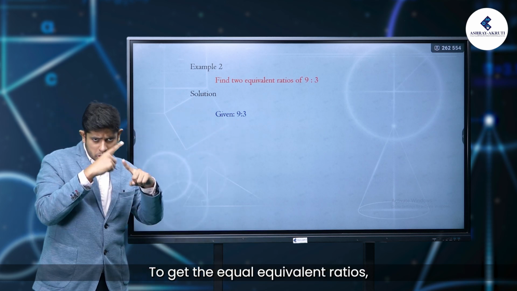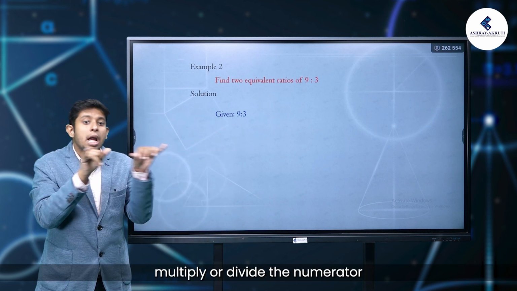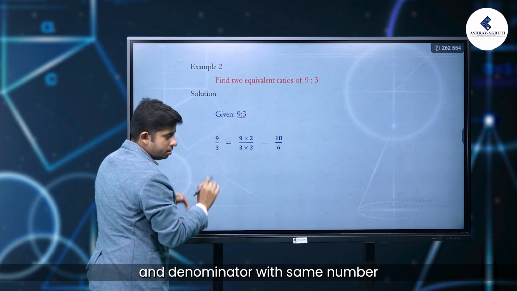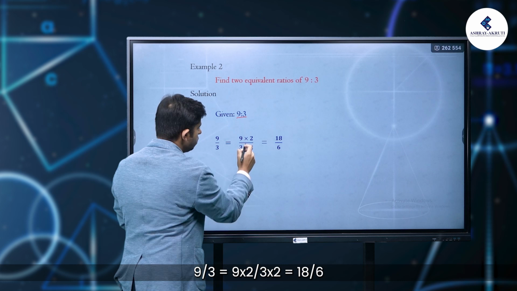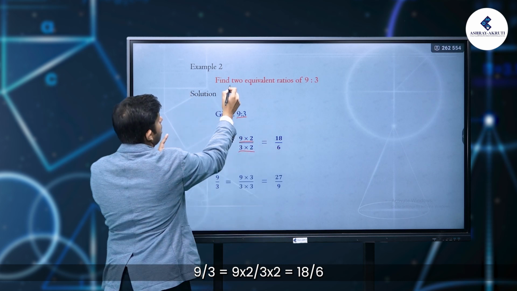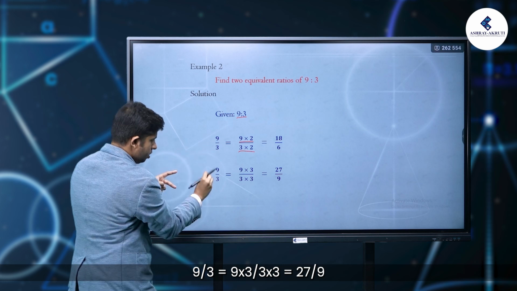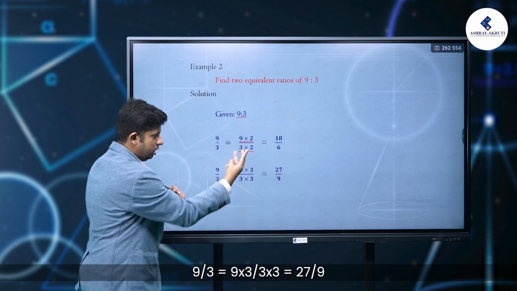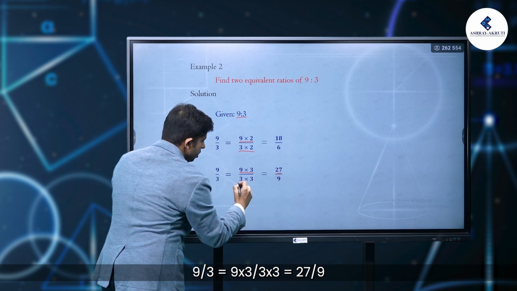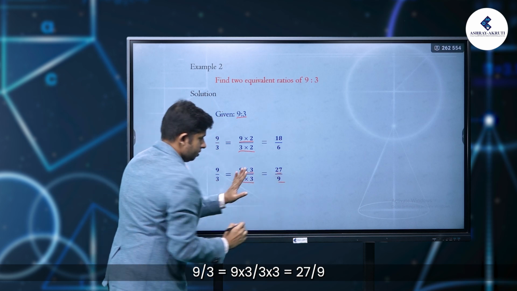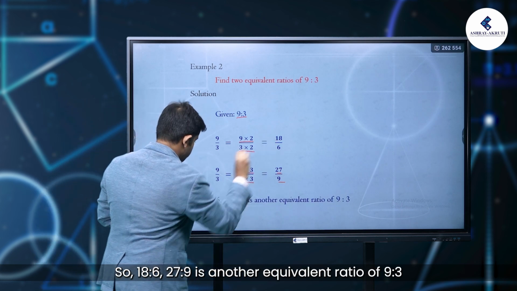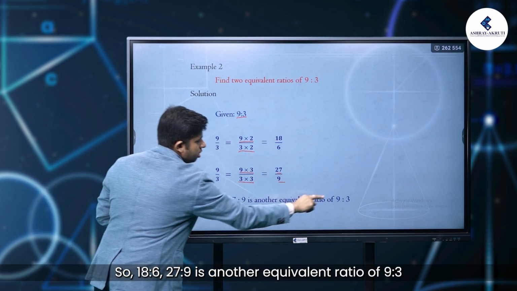To get the equivalent ratios, multiply or divide the numerator and denominator with the same number. 9 by 3 is equal to 9 into 2 by 3 into 2, which is equal to 18 by 6. 9 by 3 equals 9 into 3 by 3 into 3 equals 27 by 9. So, 18:6, 27:9 are equivalent ratios of 9:3.